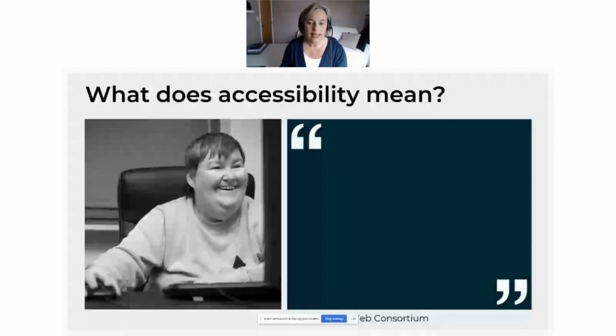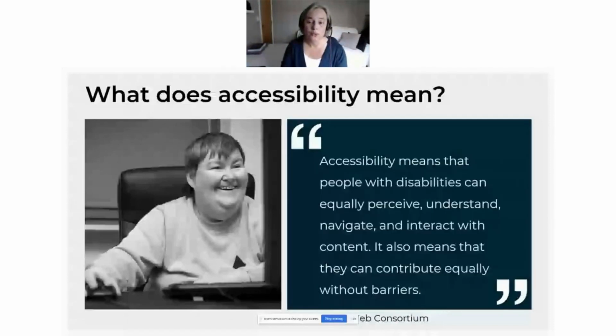And although it can have those meanings, for the purposes of this presentation, what we mean by accessibility is best defined by W3C, the World Wide Web Consortium. They say that accessibility means that people with disabilities can equally perceive, understand, navigate, and interact with content. And it also means that they can contribute equally without barriers.